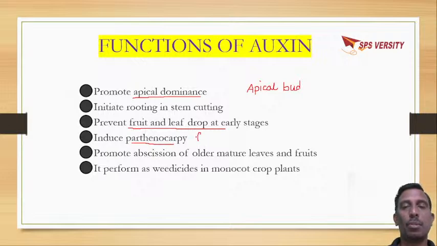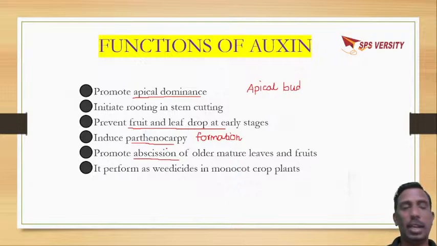Parthenocarpy means formation of fruits without fertilization. So formation of fruits, fertilization के बिना उसको क्या बोलते हैं कि parthenocarpy. Promote abscission of older mature leaves and fruits. Abscission means a layer of dead cells is formed between the plant and the leaves and fruits, so that they will fall down when they reach maturity.